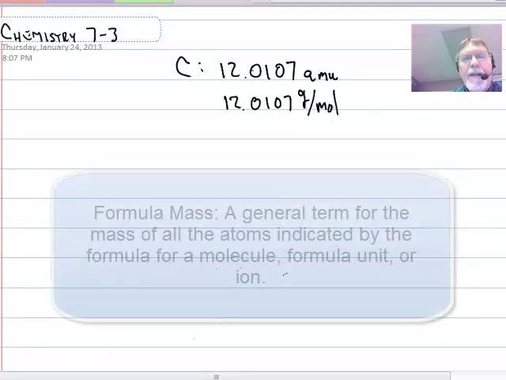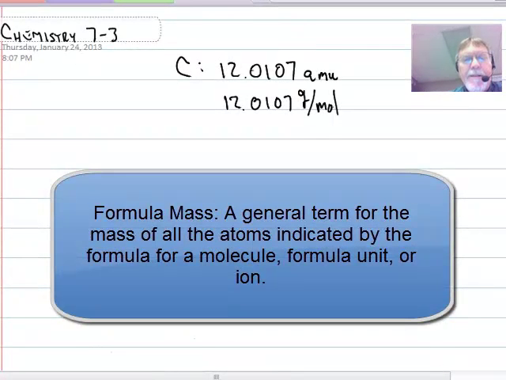Well, we can do a similar thing for formulas for a chemical compound by simply adding the masses of all the atoms indicated by the formula. And by the way, the term formula mass is a more general term and one that you should get used to using as opposed to molecular mass.